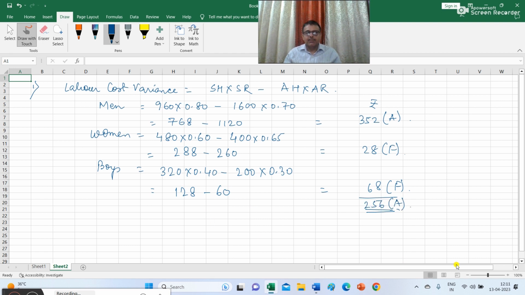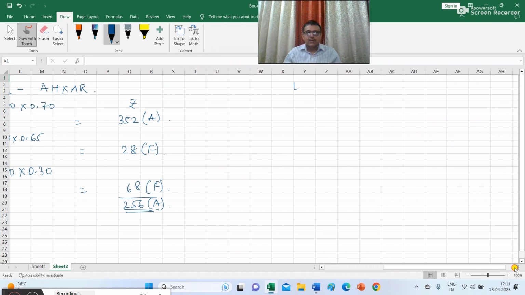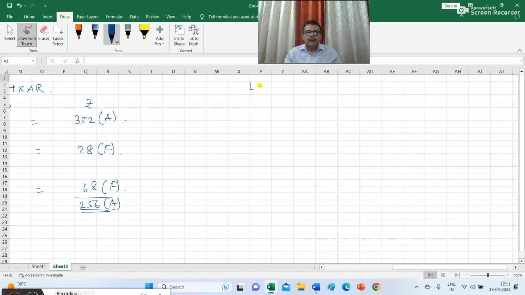Before proceeding to labor rate variance, let us explain this labor cost variance. So labor cost variance is divided into two parameters, labor rate variance and labor efficiency variance, and the idle time variance.